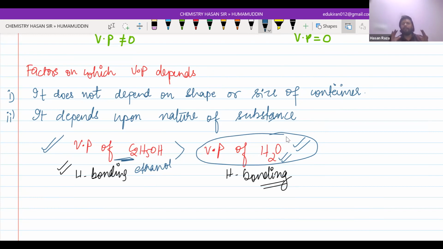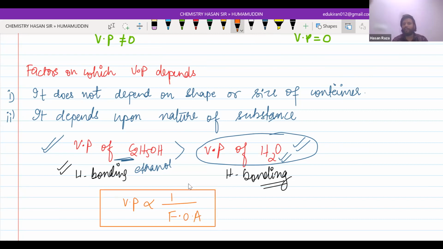So basically this vaporization or evaporation depends upon the nature of the molecules or the nature of substance. What type of bond is there? Are you getting my point? Yes. So you can also write vapor pressure is inversely proportional to force of attraction. If force of attraction is greater, it will not be easily vaporized.